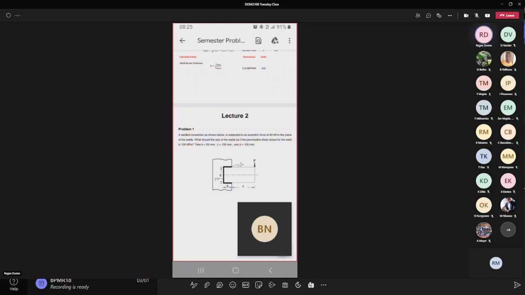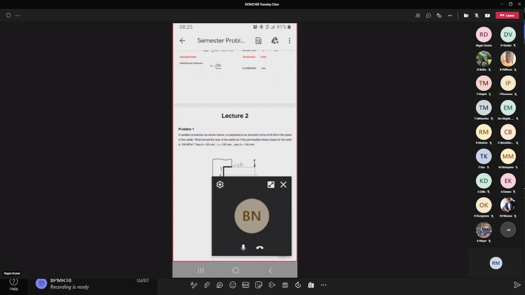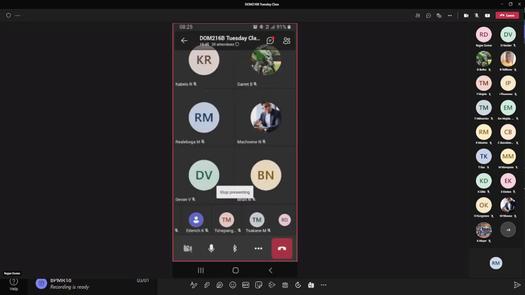Or did anyone manage to solve at least up to the angle? We'll give you guys 2 more minutes and we'll look at the solution.